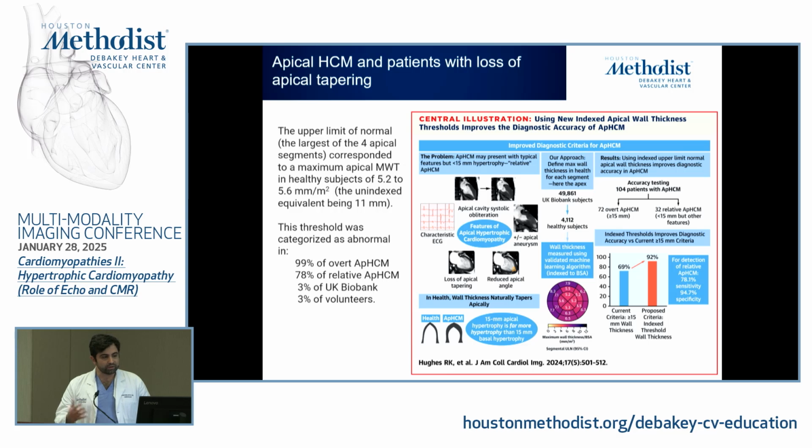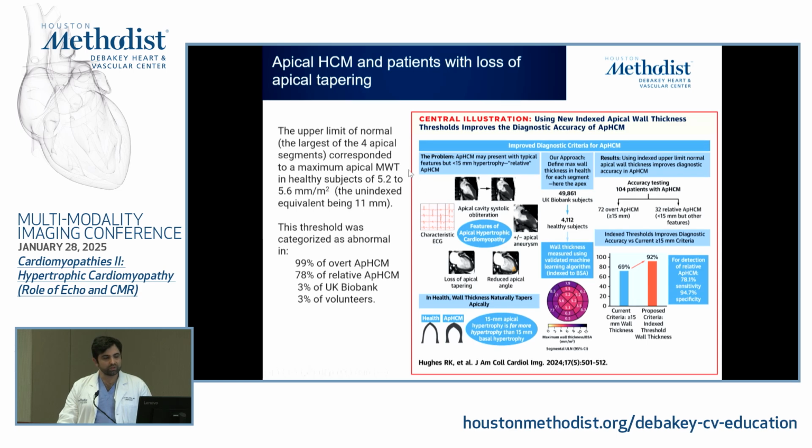So this was found a few years ago by noticing a group of patients with abnormal EKG, deep T-wave inversions, and some of the characteristics of HCM, but not a 15 millimeter threshold for HCM diagnosis in the apex.